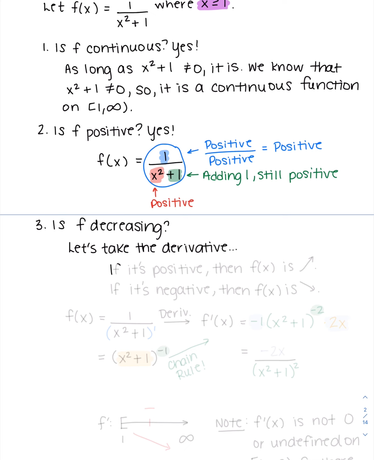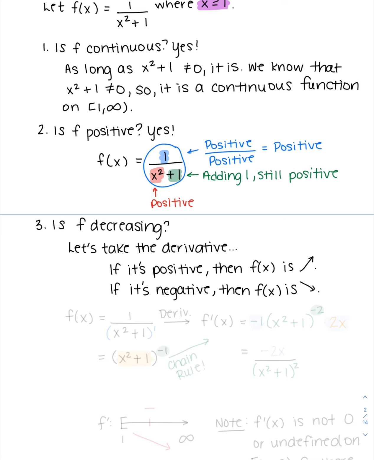If it's positive, remember, what does a positive derivative mean? Then the function is increasing. If it is negative, then the function is decreasing, going down.